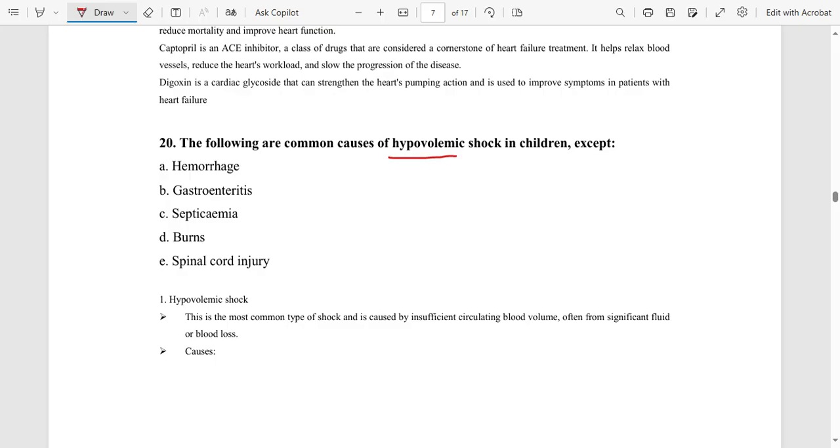Sepsis is a type of distributive shock, and what happens in distributive shock is that these bacteria, of course, neurologic shock is also another type of distributive, but specifically here, the blood vessels are going to dilate.